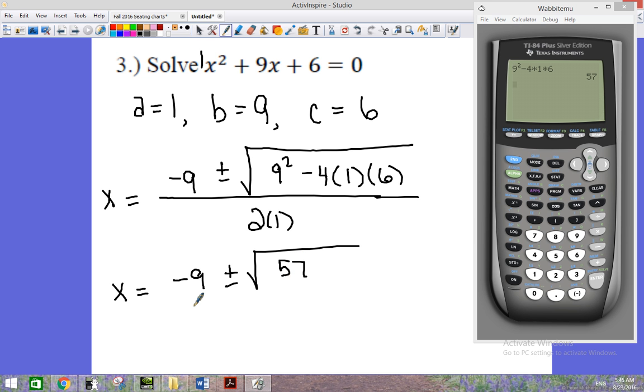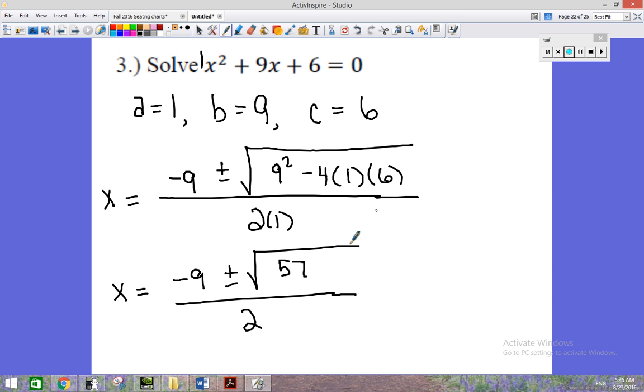Now 57 is not a perfect square and has no perfect square factors, so I can't simplify this radical. So 2 times 1 is 2. This is our final answer. I'm just going to leave it as our final answer. Now recognize that that's two answers, one with addition and one with subtraction.